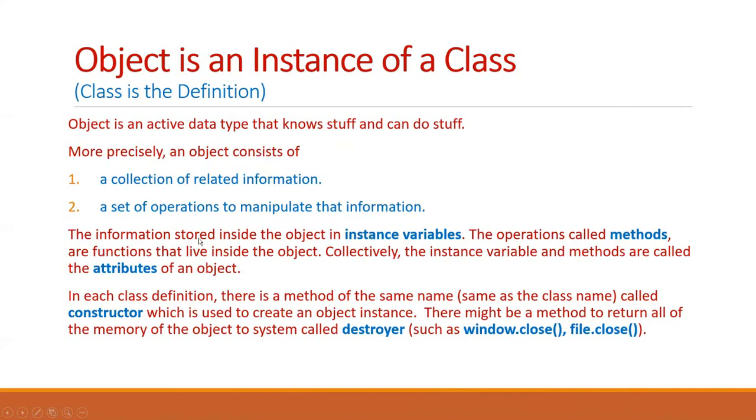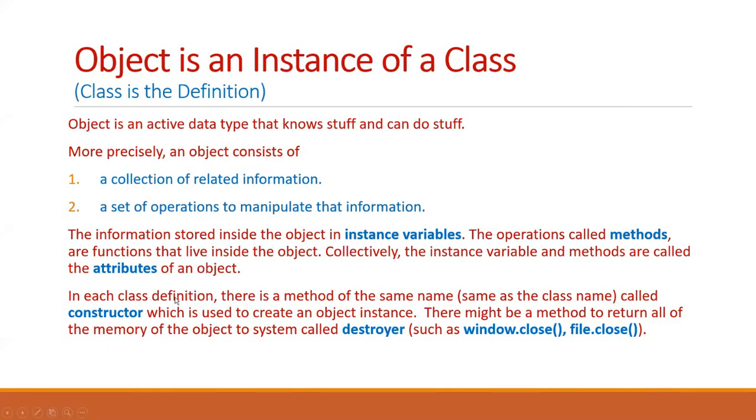The information stored inside an object is called instance variables, and these should be self-sensitive. The operations are called methods, and they are functions inside the object. Reprint is a function that operates on a rectangle or a circle.